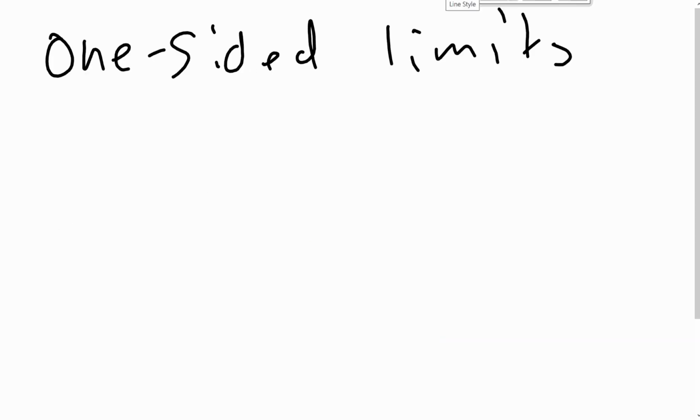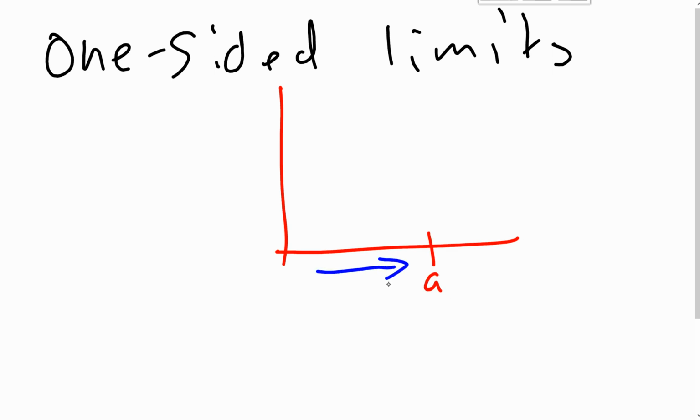And then we look at the idea of a one-sided limit. A one-sided limit is just looking at what happens as we approach from one side. So as you approach from one side, what is that y value approaching? That equation looks the same as x approaches a, and from the left is a negative. This is supposed to be an arrow, and that's ugly.